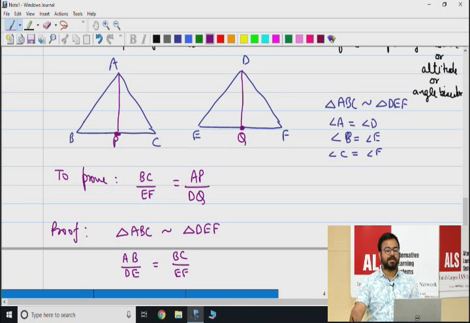So BP is equal to PC and EQ is equal to QF.